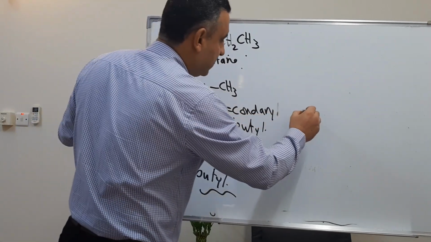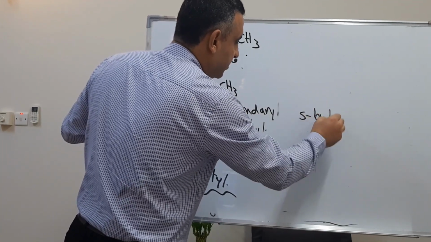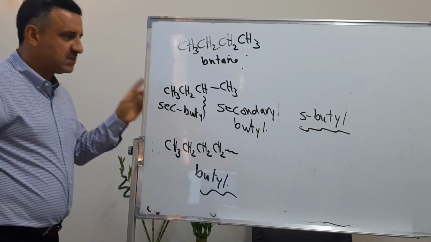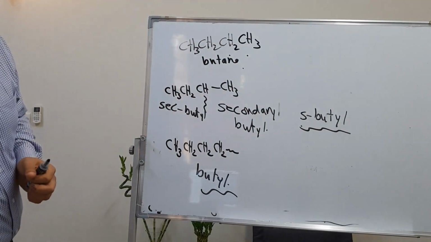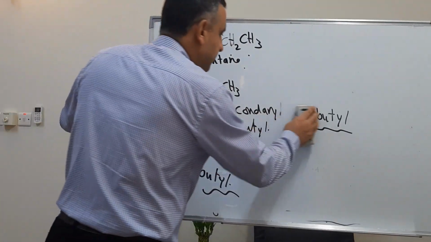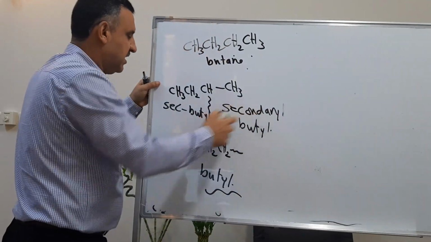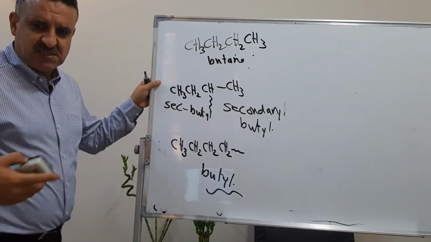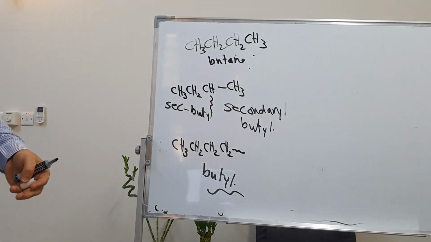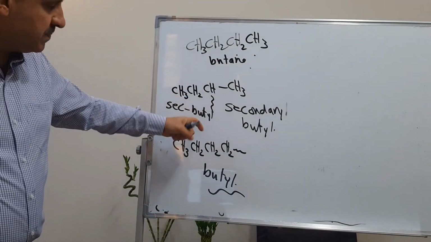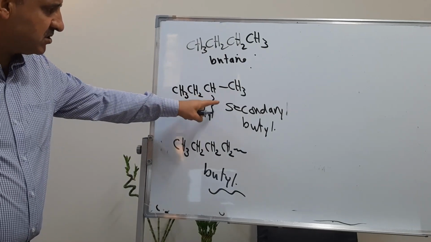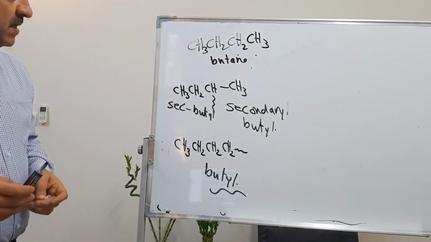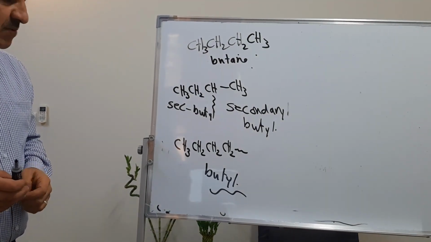Or we may abbreviate it as s-butyl. It's actually best all the time to call it secondary or secondary butyl. Do you follow me? This is just to distinguish whether the loss of the hydrogen is from the end of the chain or from the carbon which is in between.